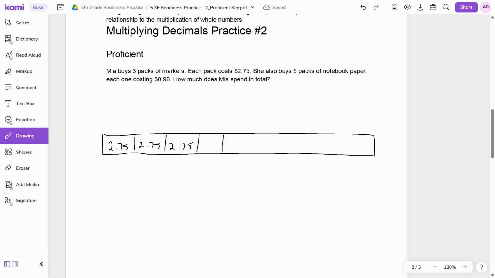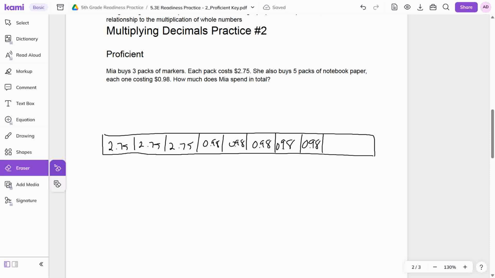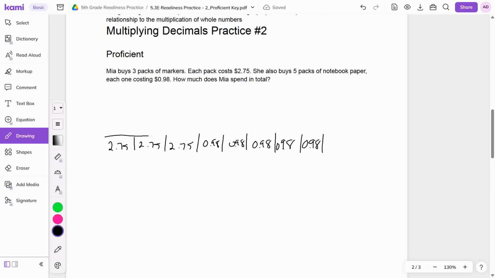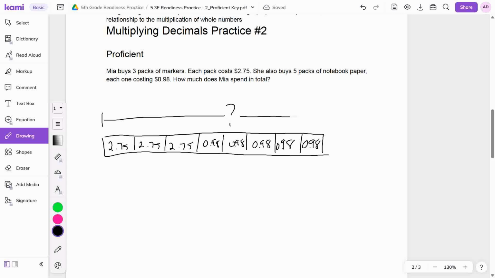All right, so we've got 98 cents, 98 cents, 98 cents, 98 cents, and 98 cents. Let's make it a little bit smaller because I kind of overdrew it. So if that's my strip diagram, my question is, once again, how much does Mia spend in total?